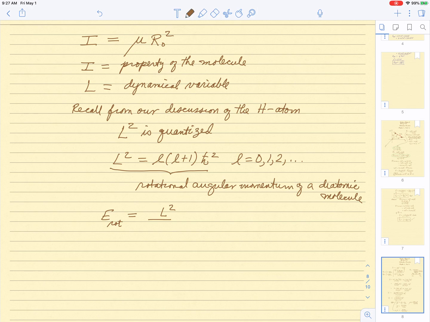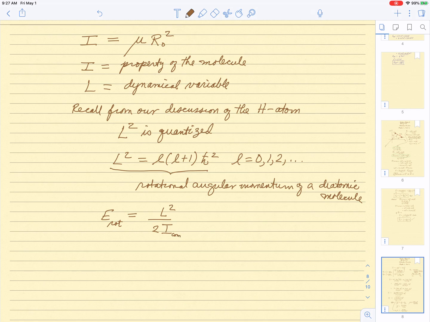L squared over 2 times the rotational inertia about the center of mass, right? So this is the rotational inertia about the center of mass.